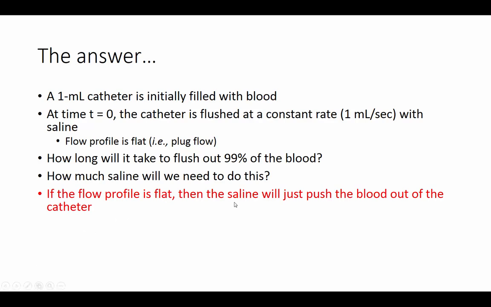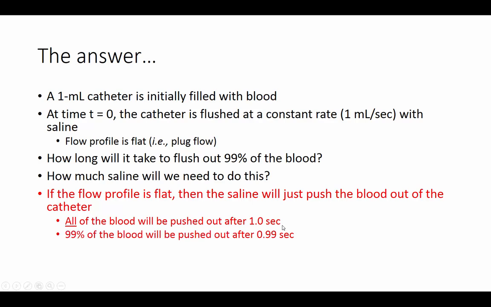Because the saline is just going to push the blood out of the catheter, and all of the blood will be pushed out. Since it's being flushed at a rate of 1 ml per second, we've got a 1 ml catheter filled with 1 ml of blood. All the blood will be gone after a second. The saline will have pushed it all out. 99% of the blood is going to be pushed out after 0.99 seconds.